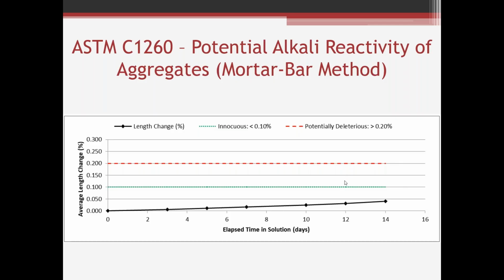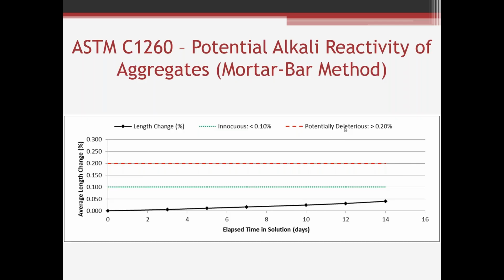In between the green line and red line, between 0.1 and 0.2% length change, they recommend additional testing. And that may be extending the test method out or doing some other test, maybe petrographic analysis or something like that. And then it states that any expansion over 0.2% is considered potentially deleterious.